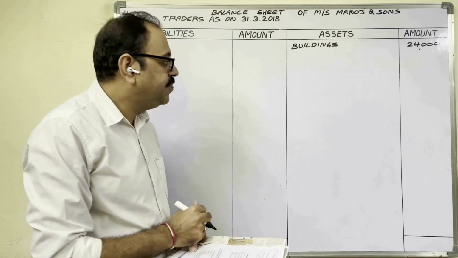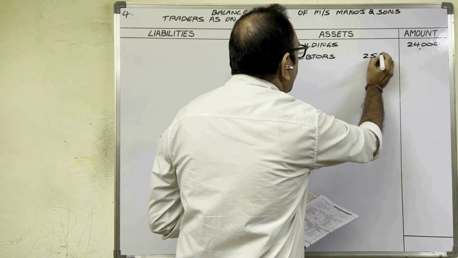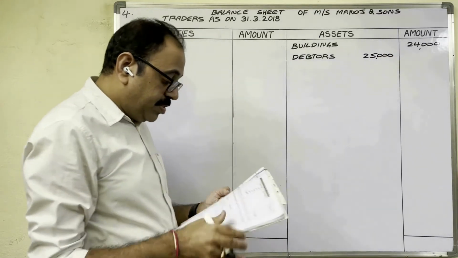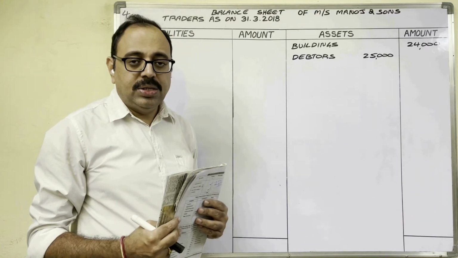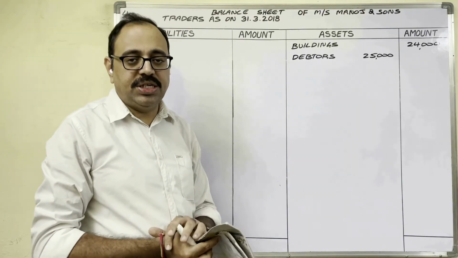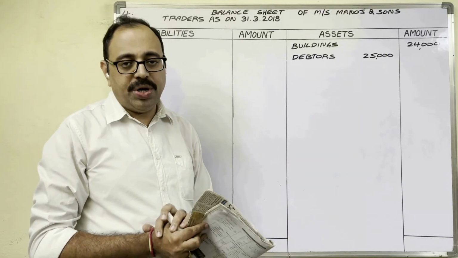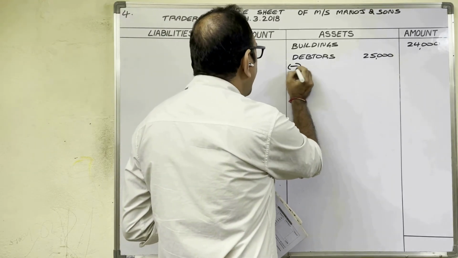Debtor is an asset, asset side. Adjustment is given. Therefore, amount in inner column. Adjustment: create 5% provision for bad debts. So, provision for bad debt we have to subtract from debtors in balance sheet, because the amount is not going to come. Minus provision for bad debt.